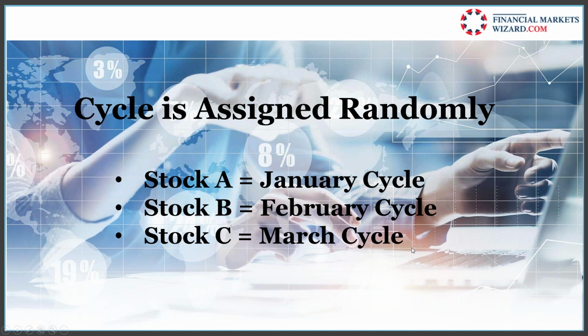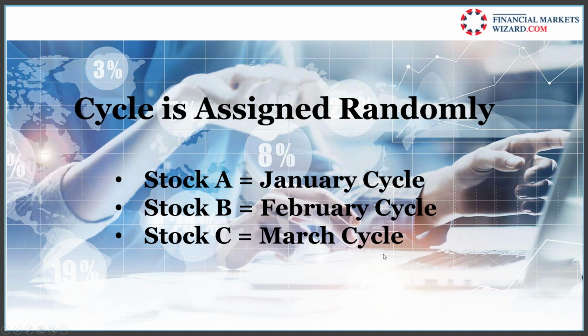I'm sure they must be following some logic or some track record or history on how to assign which cycle. But let's assume they randomly assign January, February, March.